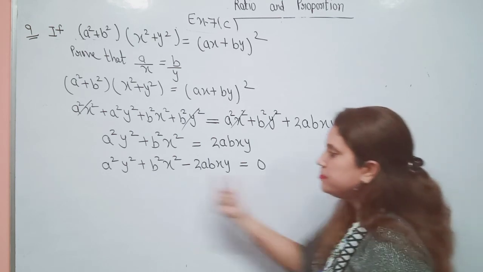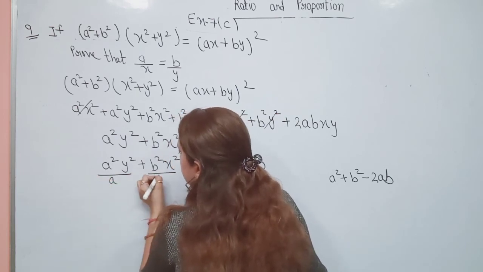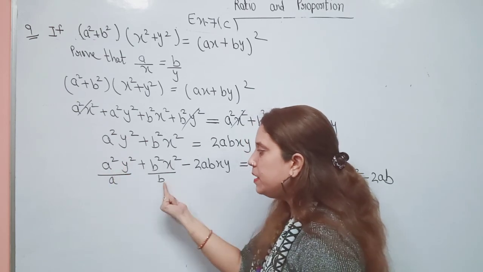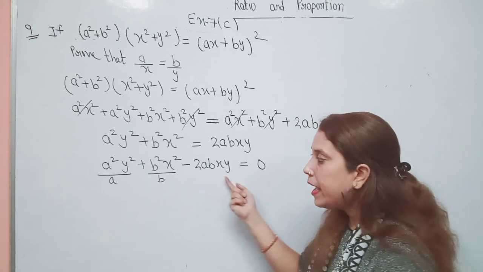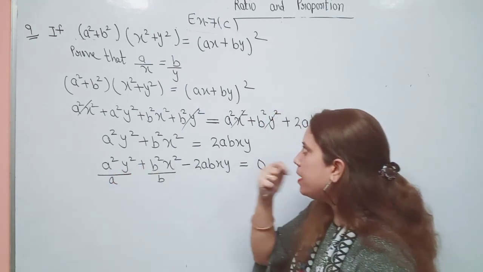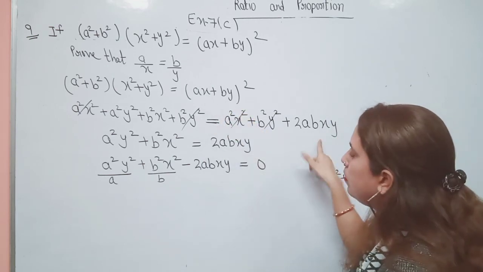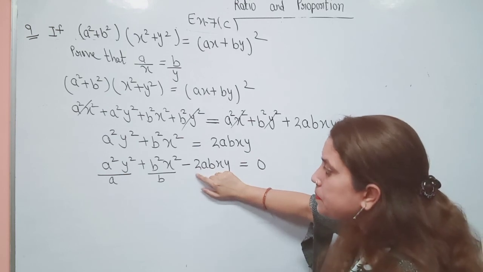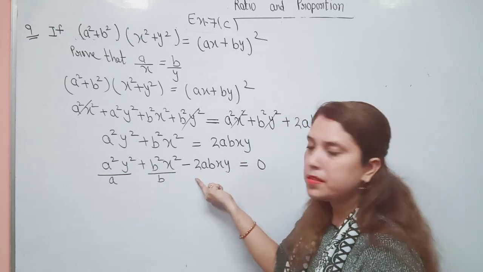Here a square y square is a square, b square x square is b square, and then minus 2ab. Here a is ay and b is bx.